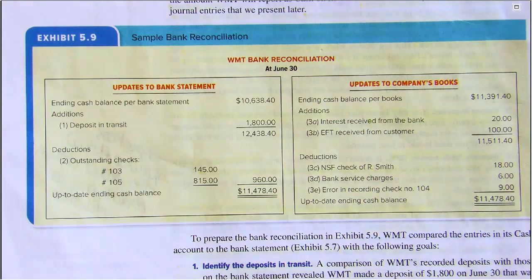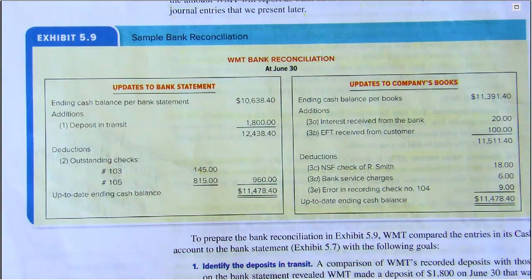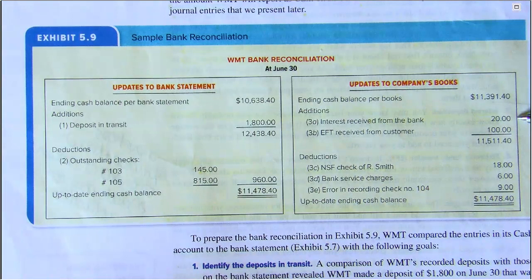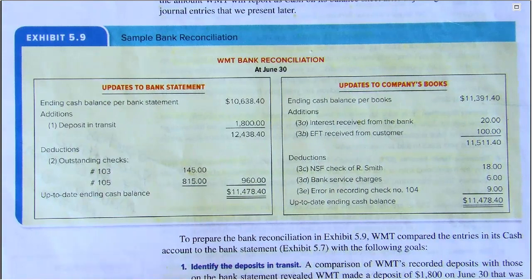The last step is we need to record things in the company's books that they have not yet recorded. And that would be any addition or deduction. And how do we record things in our accounting records? We use journal entries.